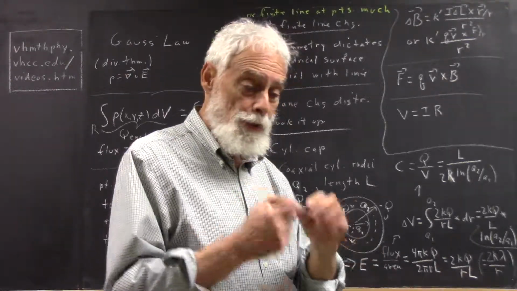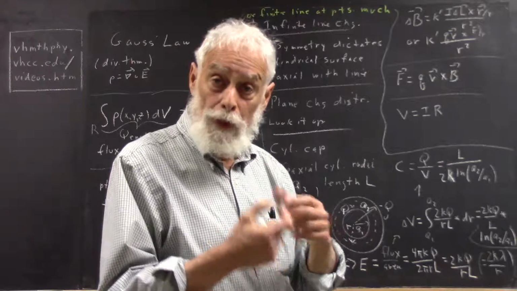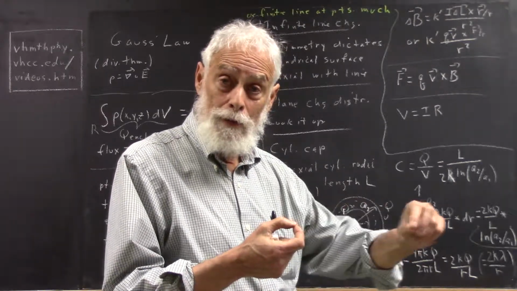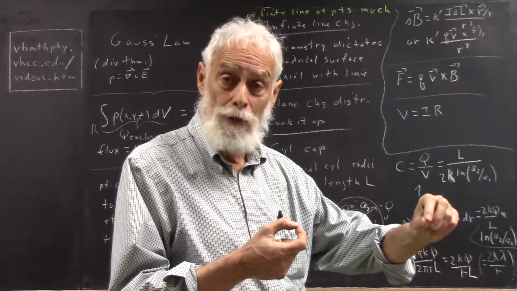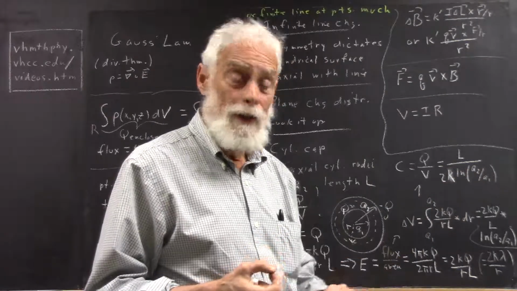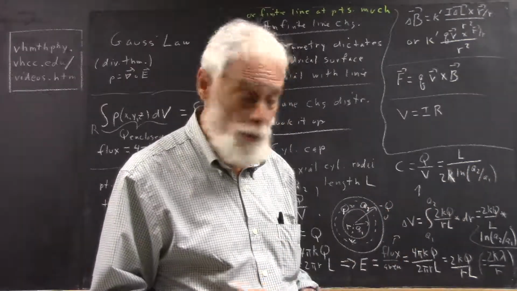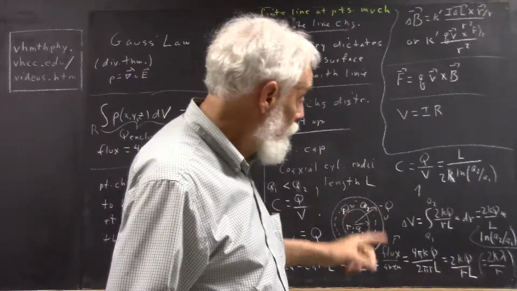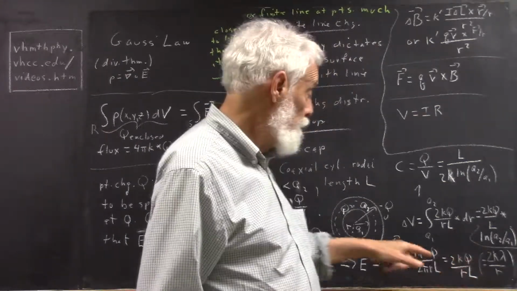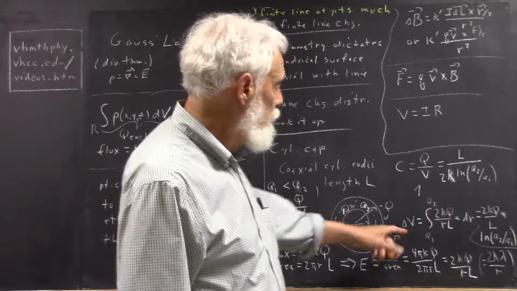If you multiply the charge by the electric field, you get the force on the charge. Multiply that by the distance you move, you get the work on the charge. So if we know the force per unit charge, we multiply that by the distance, we get the work per unit charge. We have a varying force because of the varying electric field. The electric field falls off as 1 over r. So we have to do an integral.